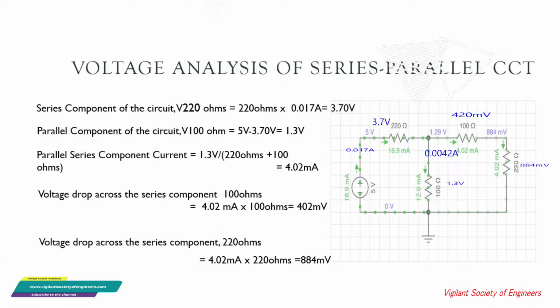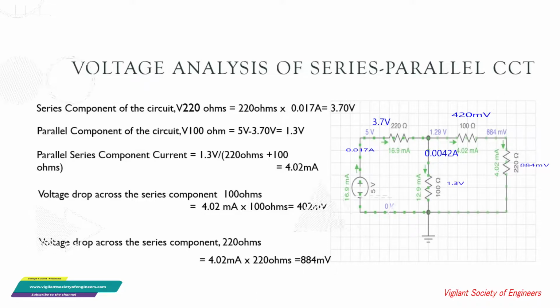So the differential loss is actually 3.7. We have 1.3 remaining in the circuit, and that we're now going to share between the resistors in the series-parallel section. That value is now going to reach the first nodal point.